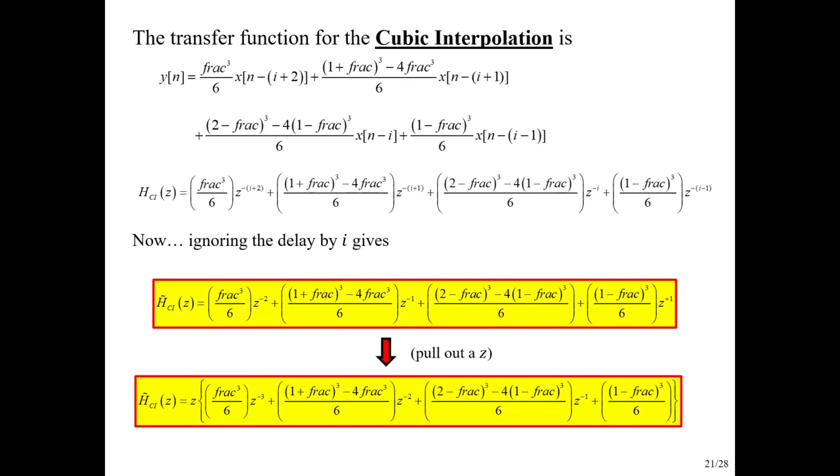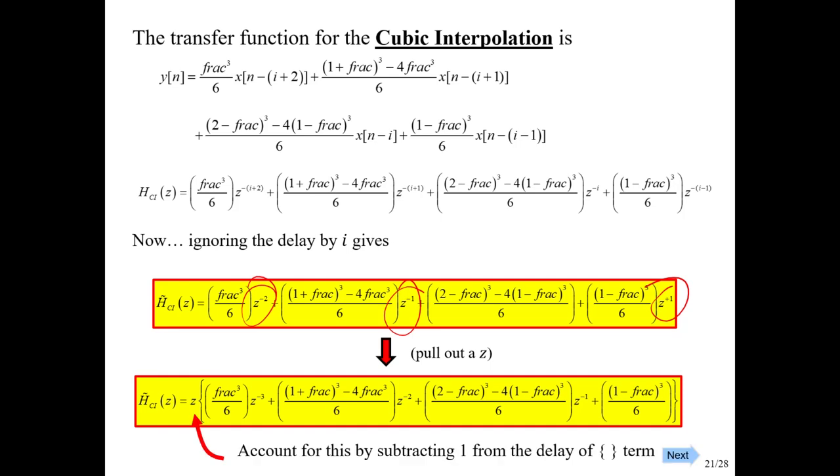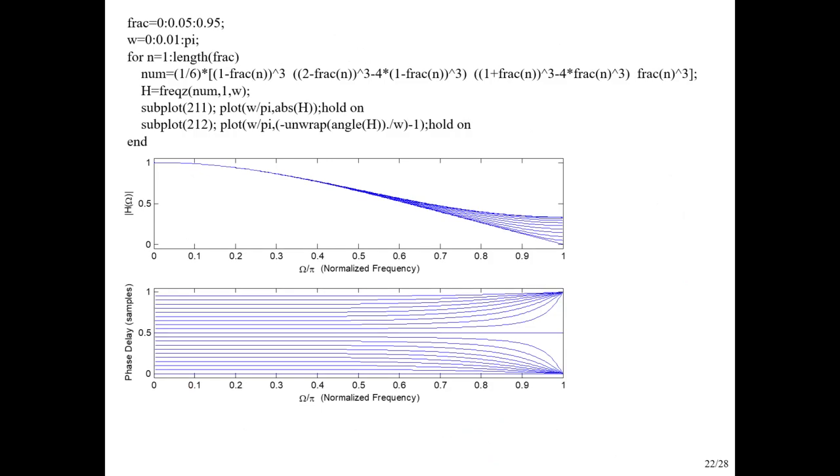So we pull out a Z because there's a Z plus 1 there, so we can pull that out in front and just look at that. We can account for this Z by subtracting 1 from the delay of the term with the curly brackets around it. And here's a plot of that.